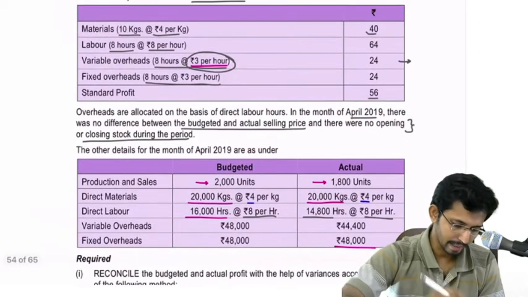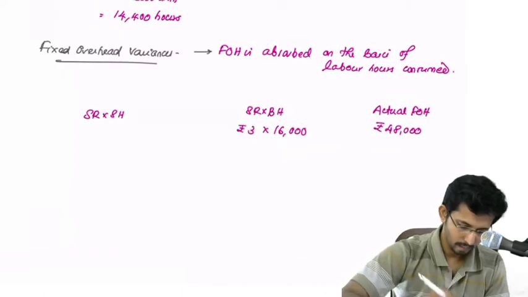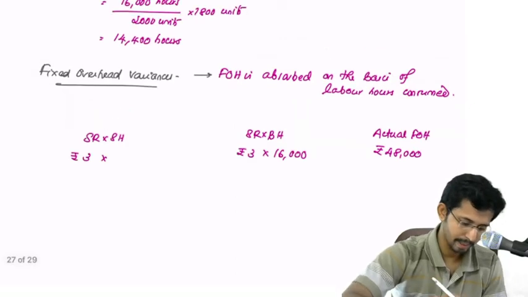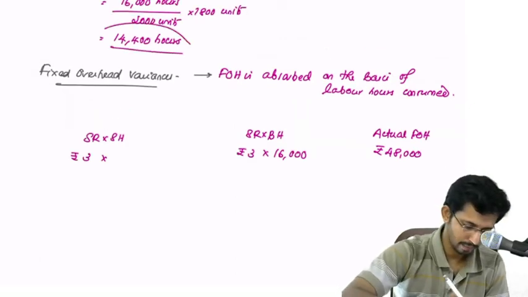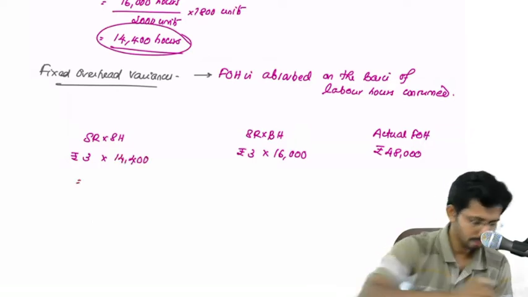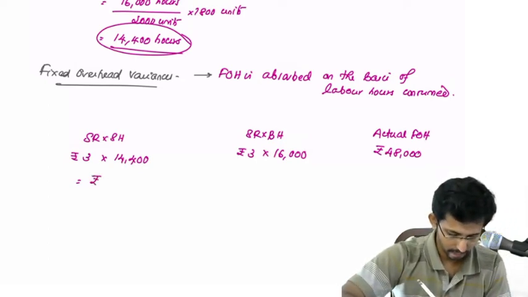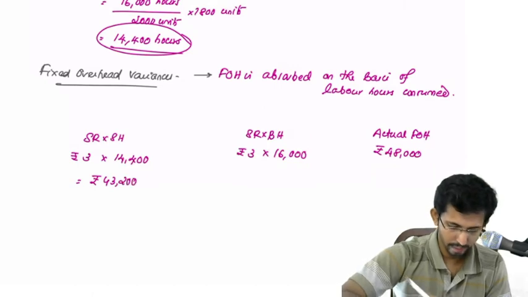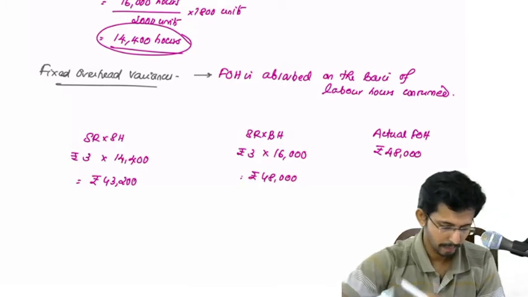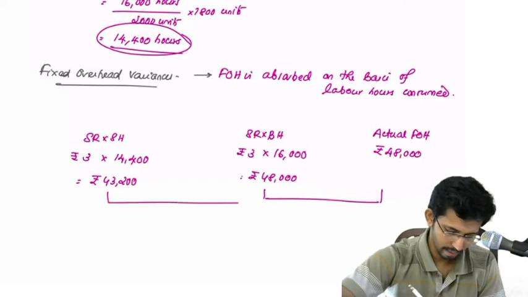The standard rate is rupees 3 per hour. Now SR is rupees 3, and SH we have already computed, that is 14,400. So 14,400 into 3 will be 43,200. This will be rupees 48,000.